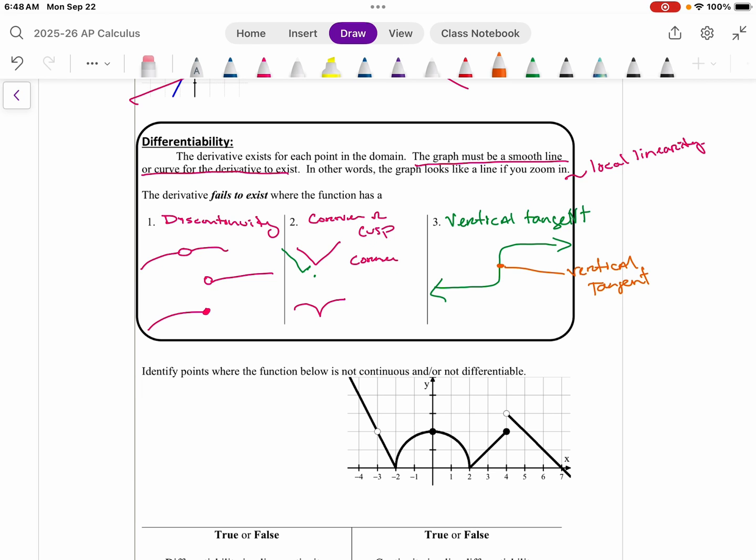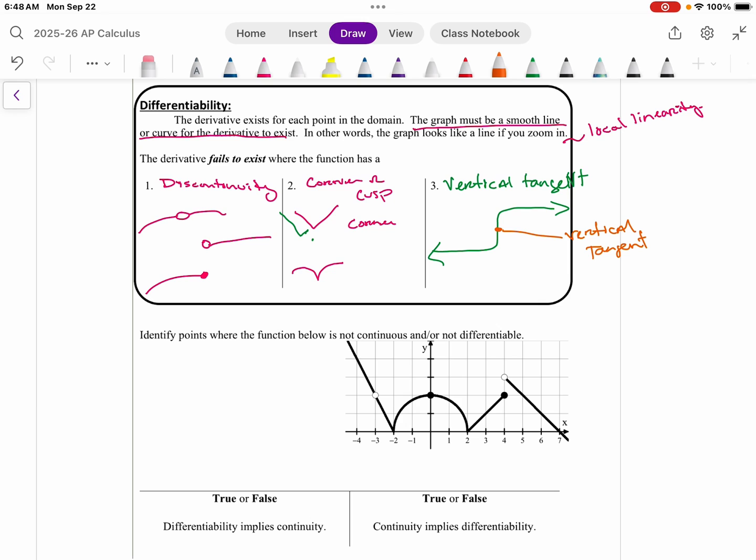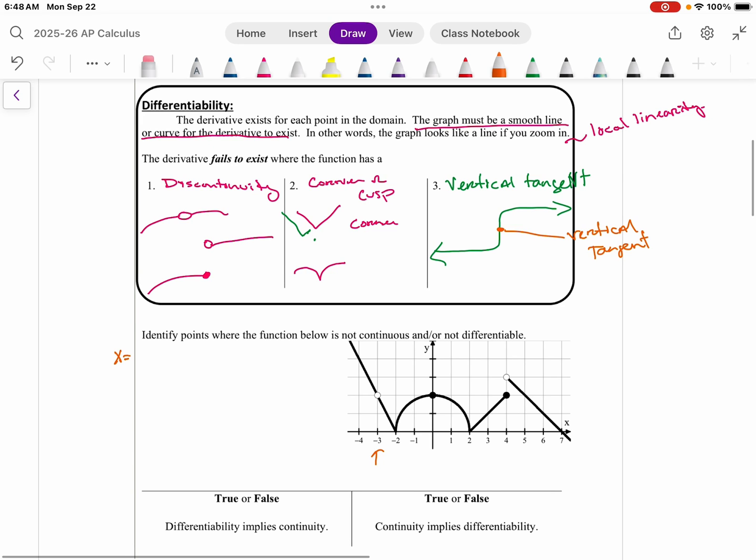On the next part, we're going to identify where I am not continuous and not differentiable. And remember, at some points you may be continuous, but not differentiable. So we're trying to identify the difference. The first thing that stands out is x equals -3. Technically there's a hole there, so since there's a hole, we would say it's not differentiable.